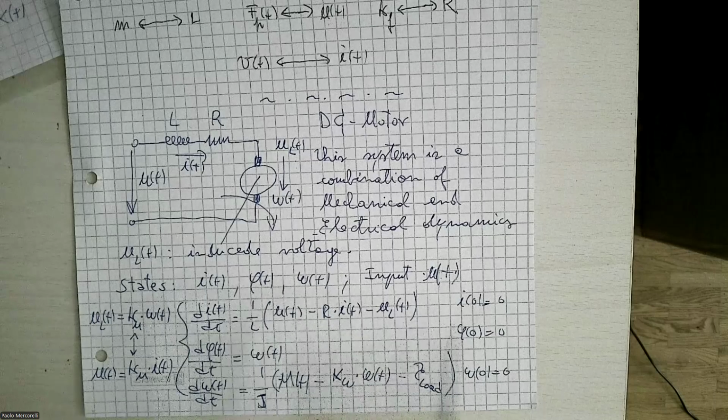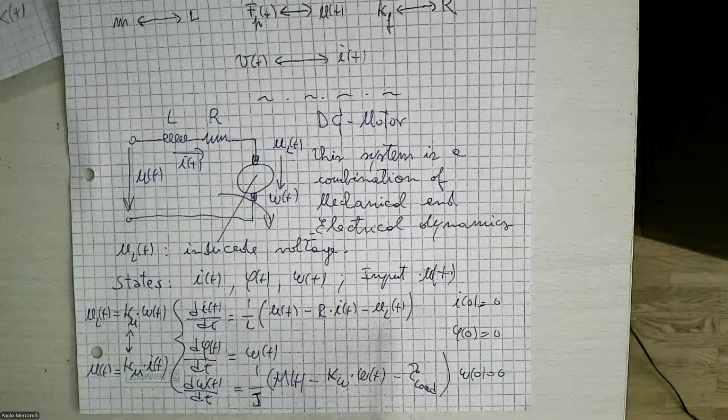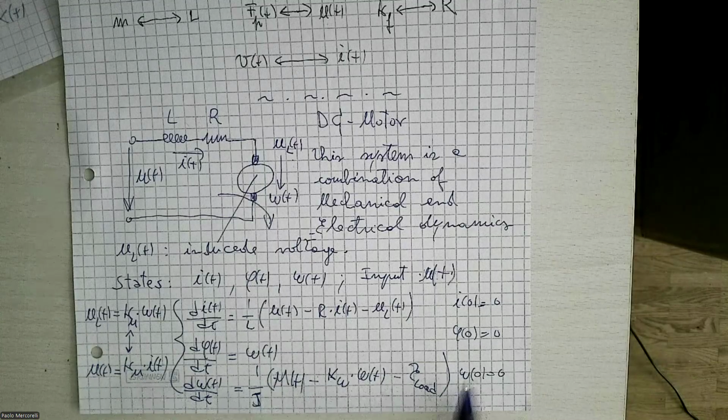Omega, which is involved in the electrical dynamics, is the mechanical state. We can see the interconnection, clearly a dynamic interconnection between electrical and mechanical states. Here, we have a mechanical state in the electrical dynamics. Here we have an electrical state in the mechanical dynamics. This happens when we have a system which consists of both, so for instance, electromechanical elements or parts.